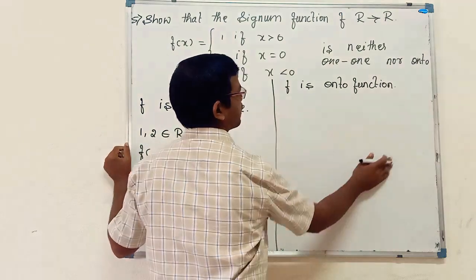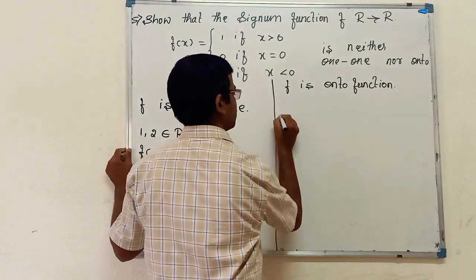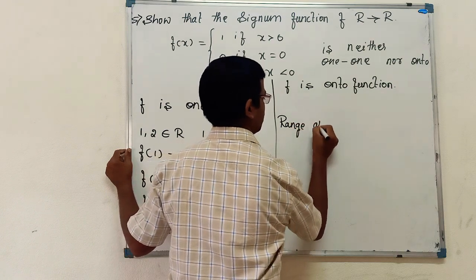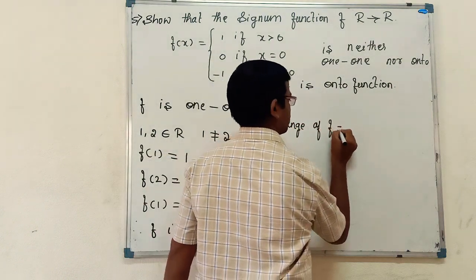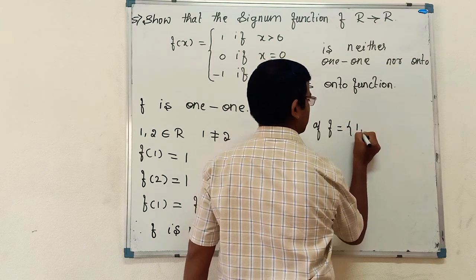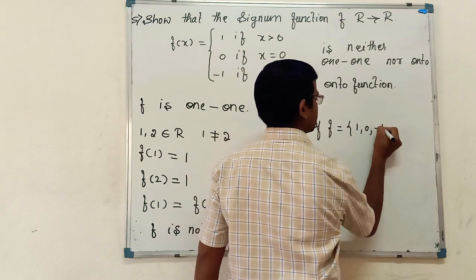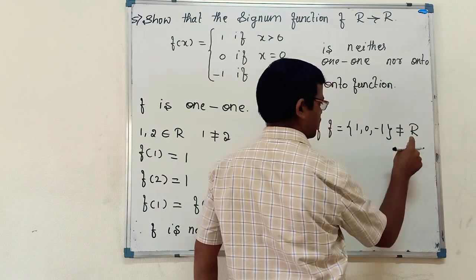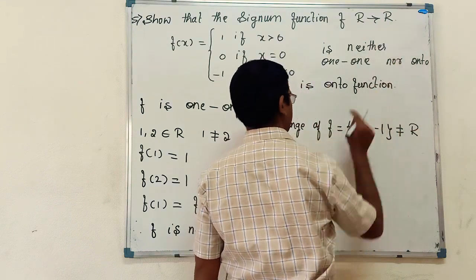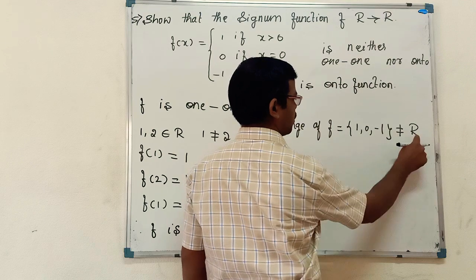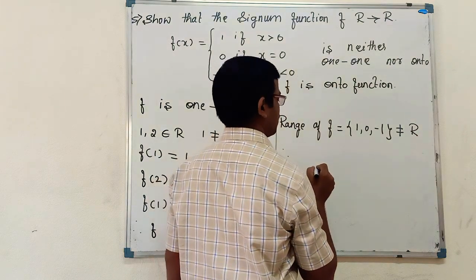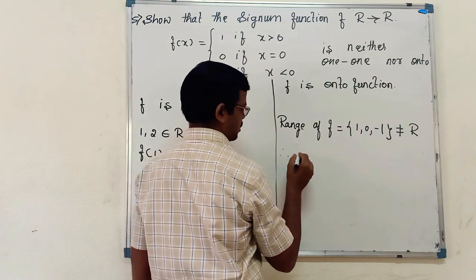The range of the given function is 1, 0, minus 1, which is not equal to the real numbers, its codomain. The range of the function is not equal to its codomain. Therefore, we say that f is not a 1-1 onto function.